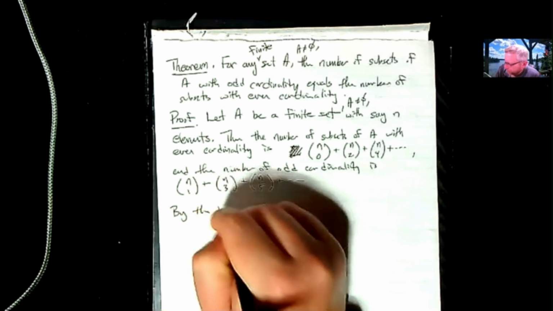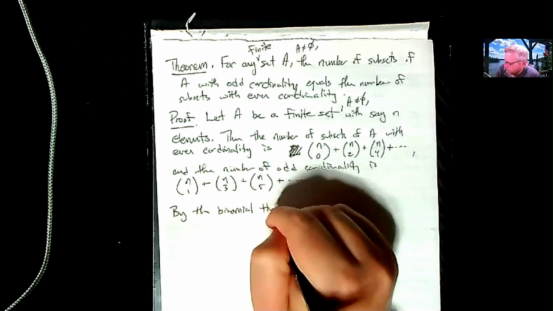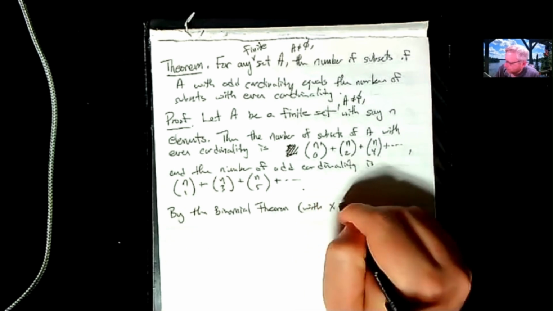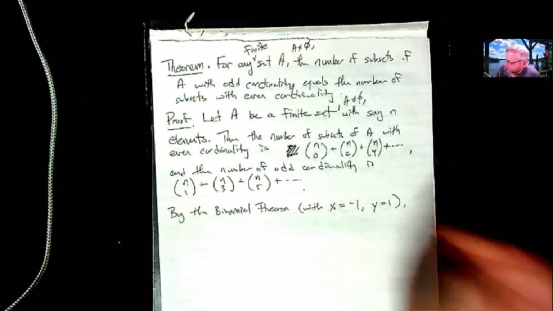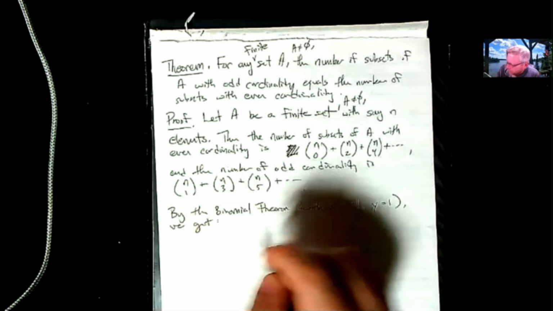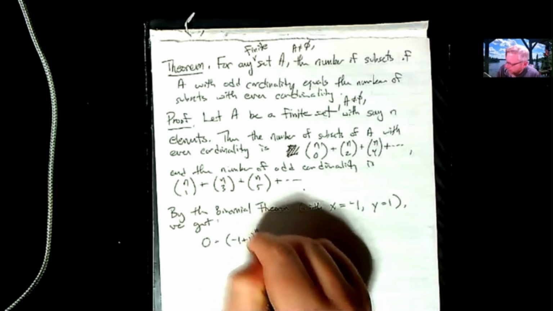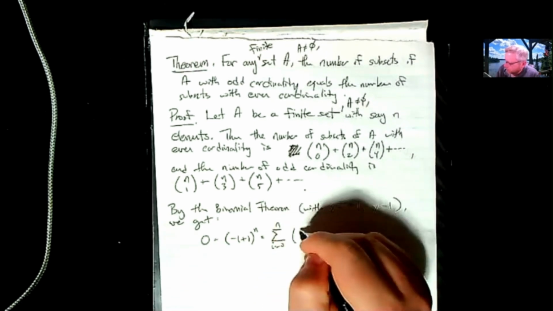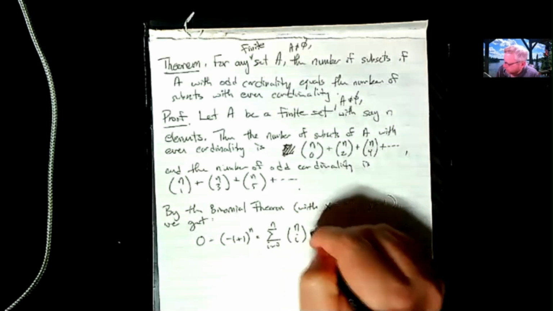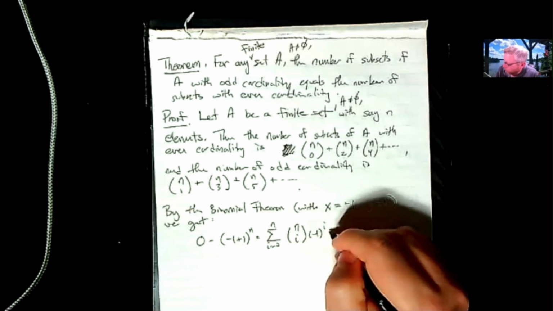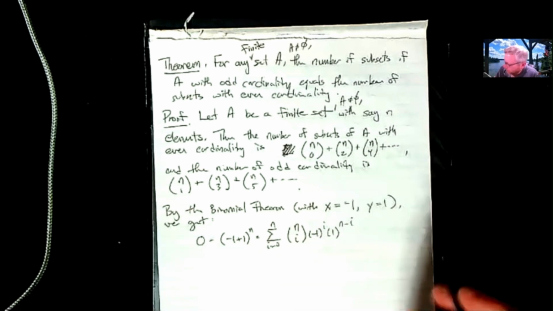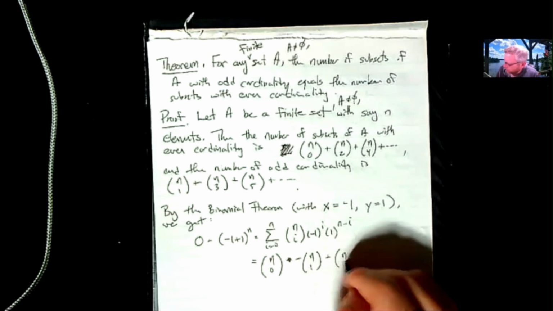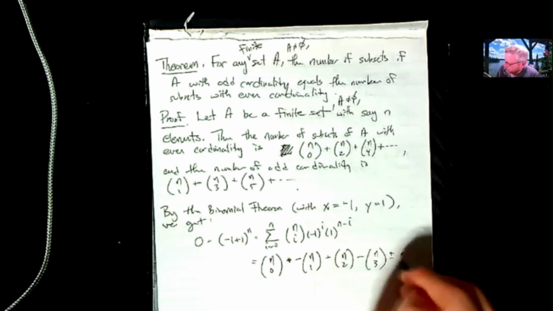By the binomial theorem, with x is -1, y is 1, we get that 0 is -1 plus 1 to the n, is the sum, as i goes from 0 to n of n choose i, -1 to the i, 1 to the n minus i, which is n choose 0 minus n choose 1 plus n choose 2 minus n choose 3 plus minus and so on.